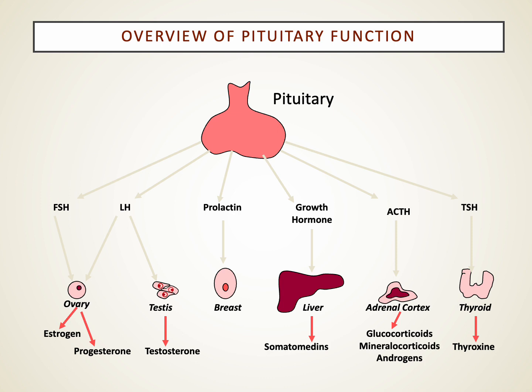If we look overall at the role of the pituitary as it relates to thyroid, the pituitary secretes thyroid-stimulating hormone, you can see this on this graphic on the far right, which stimulates the thyroid gland to release thyroxine.